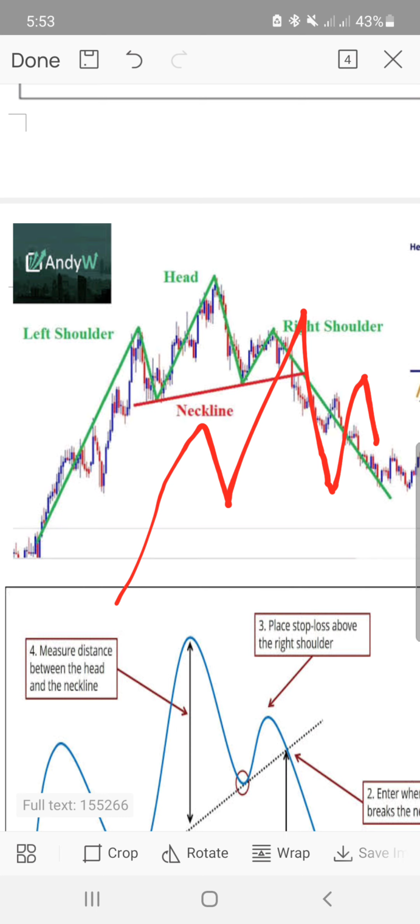Then remember, you mark out this neckline, because that is where your entry will be, right? That's where you're going to enter the market. So you need to mark out the neckline for your entries.